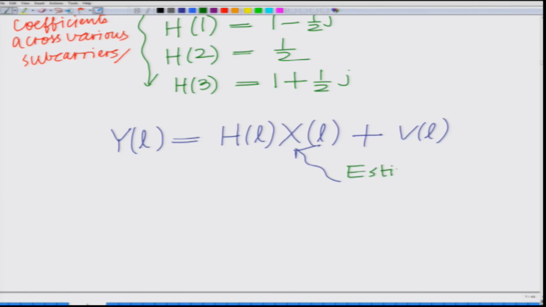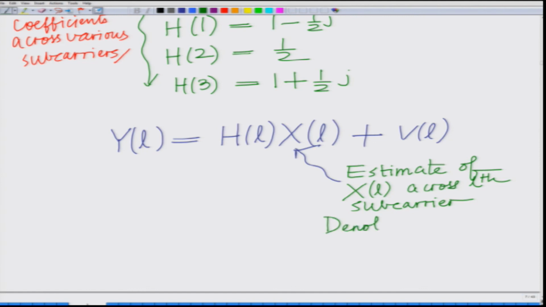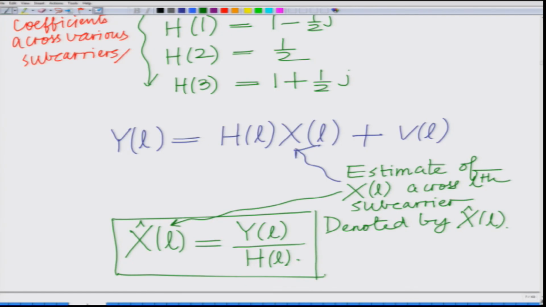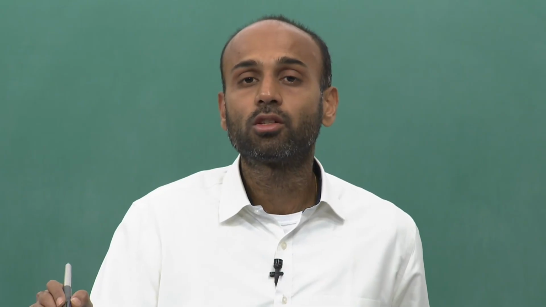That is what we do in FDE, that is the estimate of X of L across the lth subcarrier, denoted by capital X hat of L, and remember capital X hat of L equals Y of L divided by H of L. This is how we compute the estimate of X of L across the lth subcarrier, that is the lth FFT coefficient of the transmitted time domain symbols, small x0, small x1, small x2, small x3.